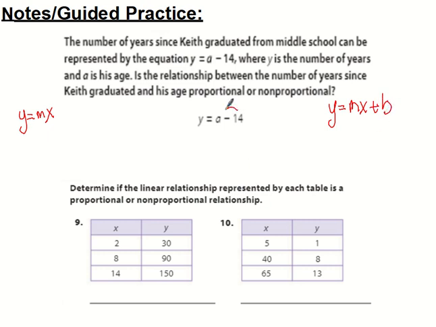Because there's this added piece, which we can write as plus negative 14, it is non-proportional. It's all because of this right here. That's all we have to do. As long as you can explain that, because it says minus 14, it's non-proportional, you're good to go.